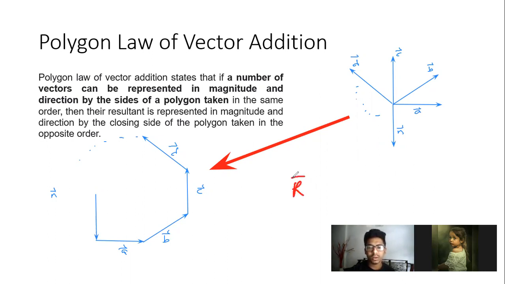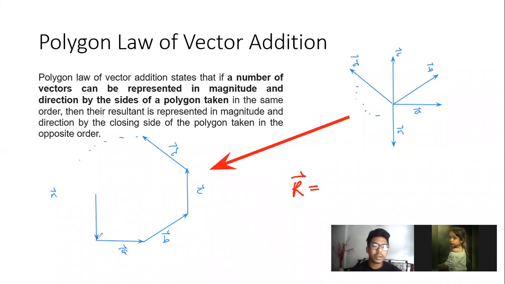Any idea? Just think. The resultant is the vector drawn from the starting point to the ending point.